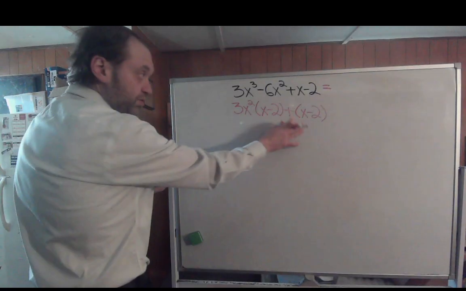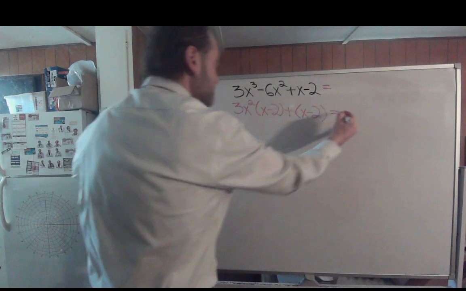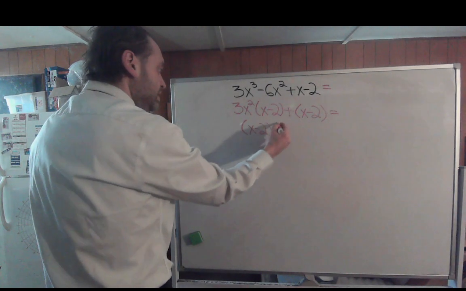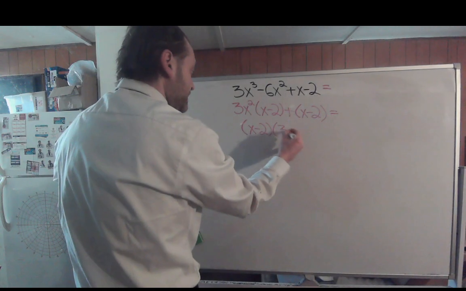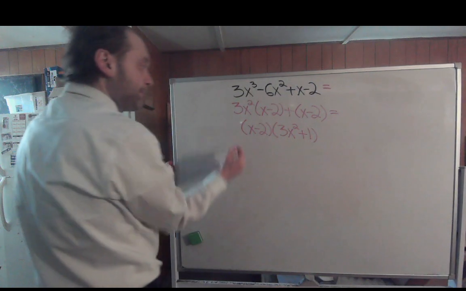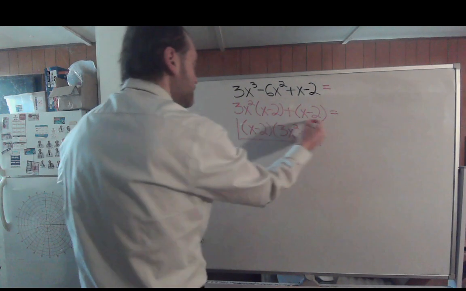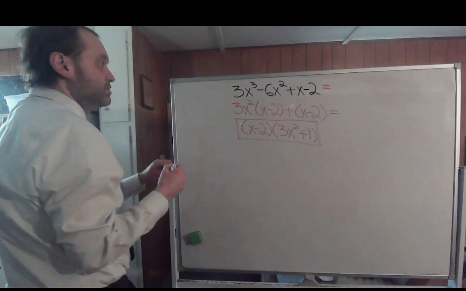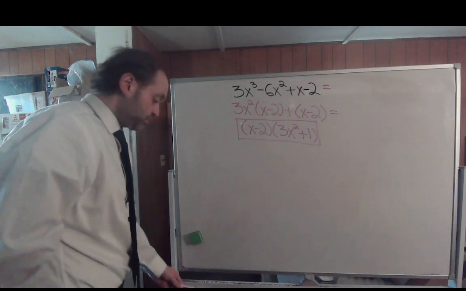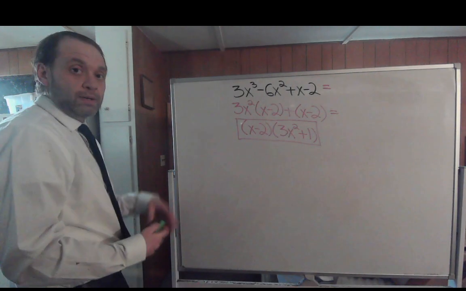Notice between both terms you have a common x minus 2. So this will factor into the quantity of x minus 2 times the quantity of 3x squared plus 1. So yes, you should get x minus 2 quantity times 3x squared plus 1 for your factors.